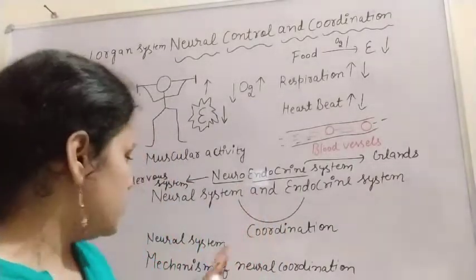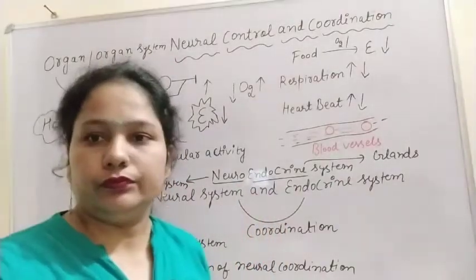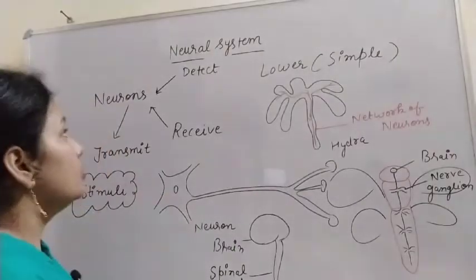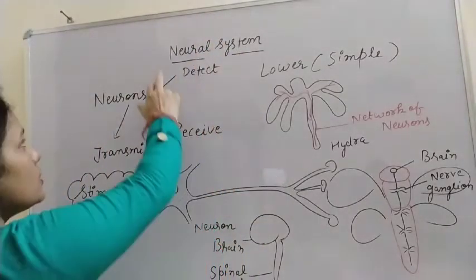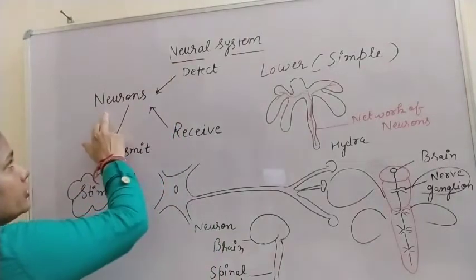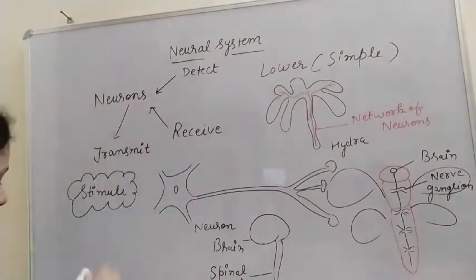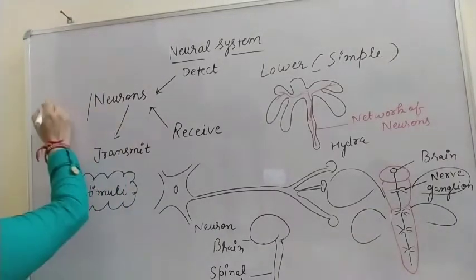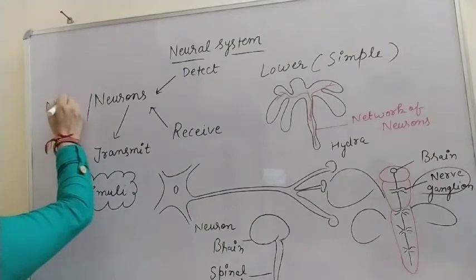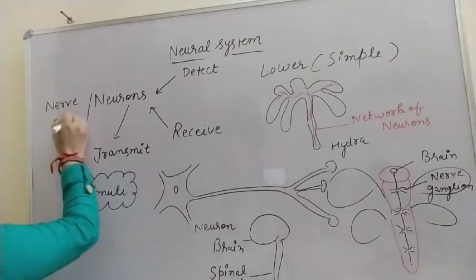Now let us discuss the neural system. So what is the neural system? In the neural system, neurons are there. And what are neurons? Neurons are the structural and functional unit of our nervous system. They are known as nerve cells.